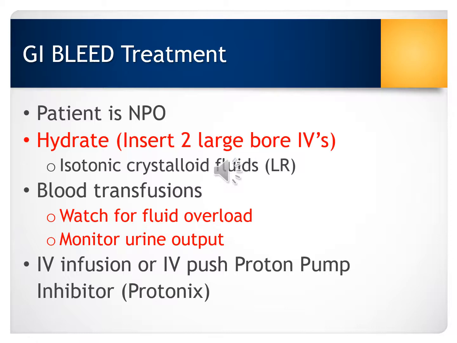You'll also be monitoring urine output to make sure that the urine output closely matches the amount of fluids that is being given intravenously. You'll also anticipate that the patient will get an IV infusion or receive IV push proton pump inhibitors. Typically, Protonix is a medication that is commonly used.